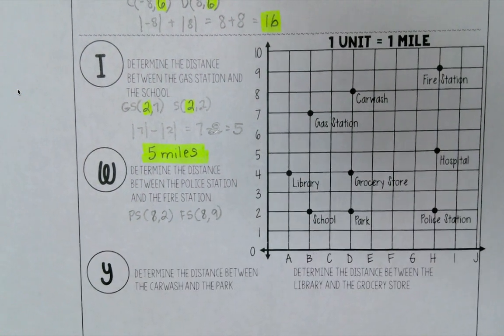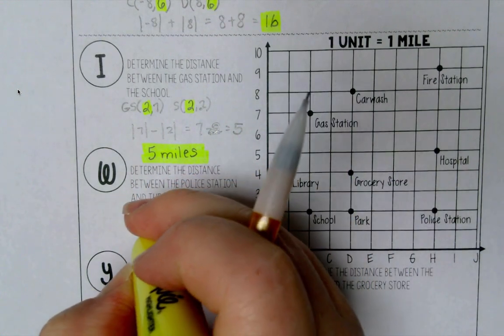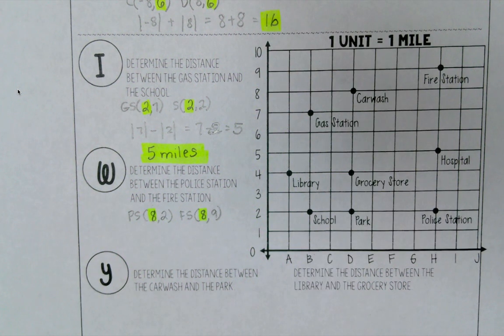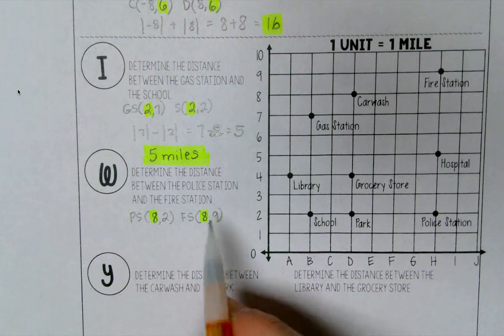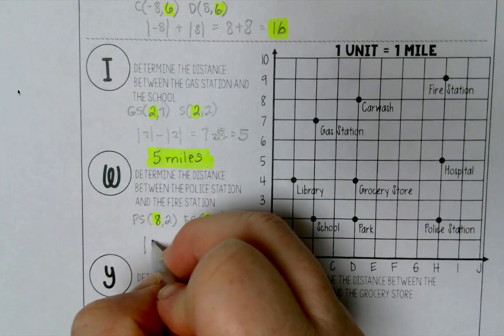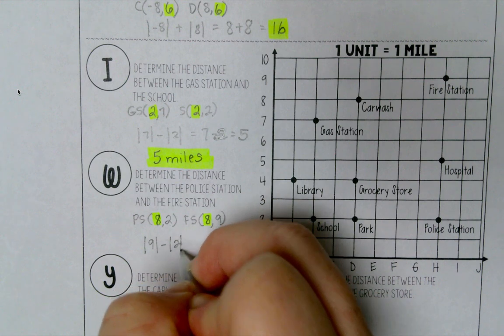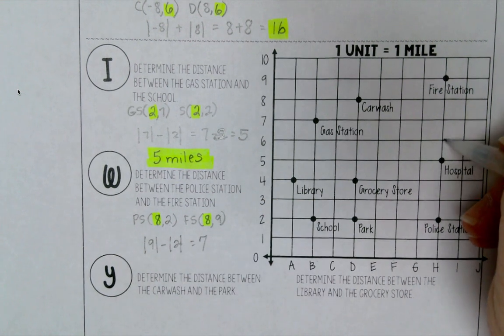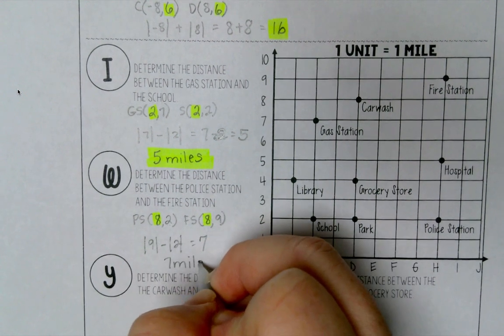So again, we're in the same quadrant, so we will be subtracting. So I'm going to highlight my X's because they are the same. So I'm going to take the bigger number. I'm going to go first. So absolute value of 9 minus the absolute value of 2 gives me 7. But let's check. 1, 2, 3, 4, 5, 6, 7. So we have 7 miles.